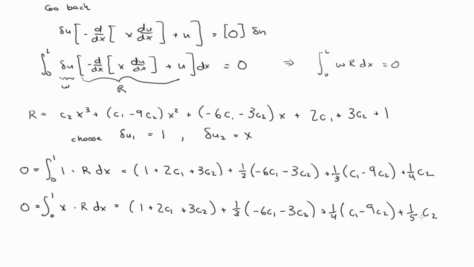I'm just going to write down the answer. If I do, C1 is 222 over 23. C2 is minus 100 over 23. All right.